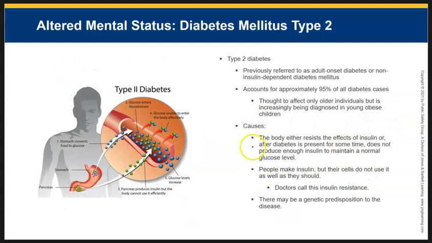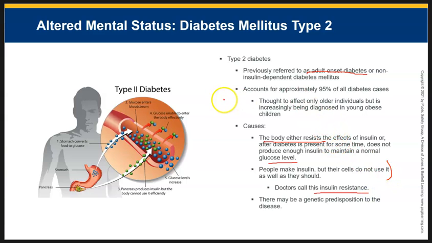In type 2 diabetes, which was sometimes called, or is still called, adult onset, the key is your body may be making insulin, but your body is resistant to it or doesn't produce enough insulin to maintain that glucose uptake. The cells don't use the insulin. Sometimes it's called insulin resistance, therefore.